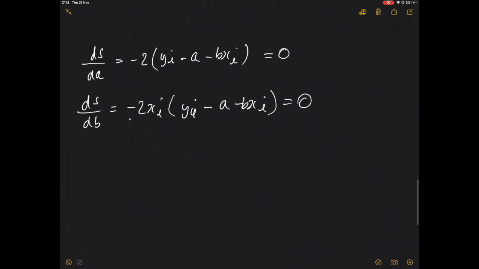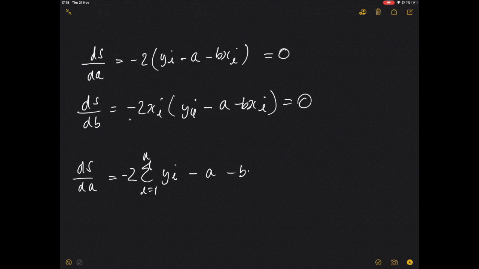What we can say is, we need to sum all these up. So this would mean that our dS by dA we could now write as minus 2, sum from i equals 1 to our n values, yi minus A minus bxi, with brackets.